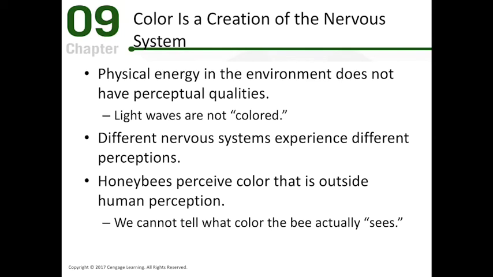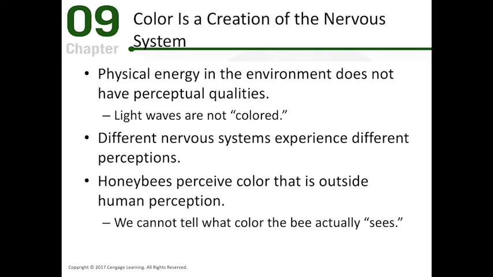Light waves hit our retina and our cones, and our visual system takes that information and translates it into something that our brains can understand in order for us to perceive color. But the light waves are not colored themselves. It's just how our brains are able to decipher that information.